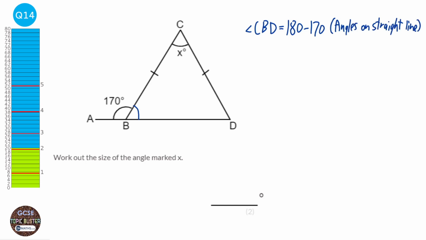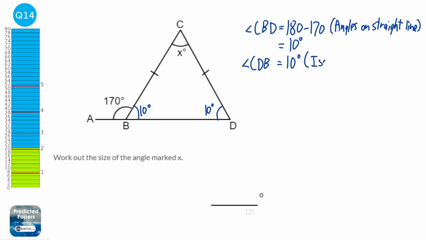Angles on a straight line add up to 180, so that's going to be 10 degrees, so this will be 10 degrees. We then need to find out what angle CDB is, and this is obviously going to be 10 degrees as well, because it's angles in an isosceles triangle, so this will be 10 degrees, and the reason will be that it's an isosceles triangle.